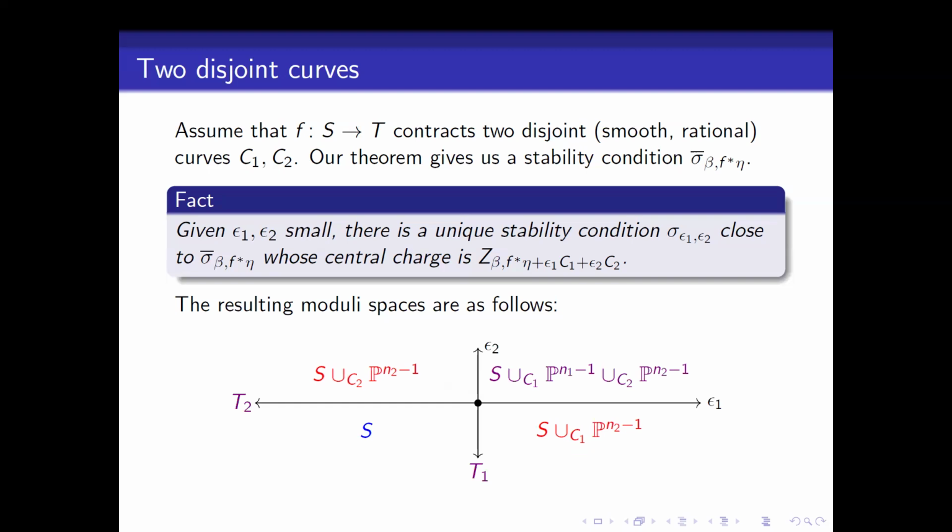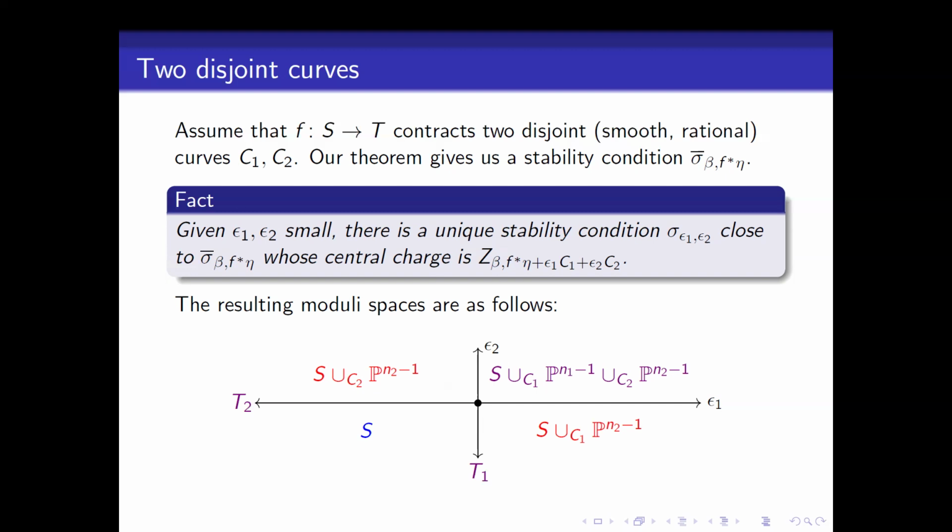And I say that it's not surprising because essentially what we're modifying is something related to C1 and C2, and these curves we're assuming that they are disjoint. It turns out that at the walls, and this is something that Tramel and Chia didn't do, one also recovers the partial contractions of the surface S, contracting maybe one of the two curves, contracting C1 or contracting C2, and I didn't put it here in the picture, but at the middle you also recover T, the contraction of both curves simultaneously.